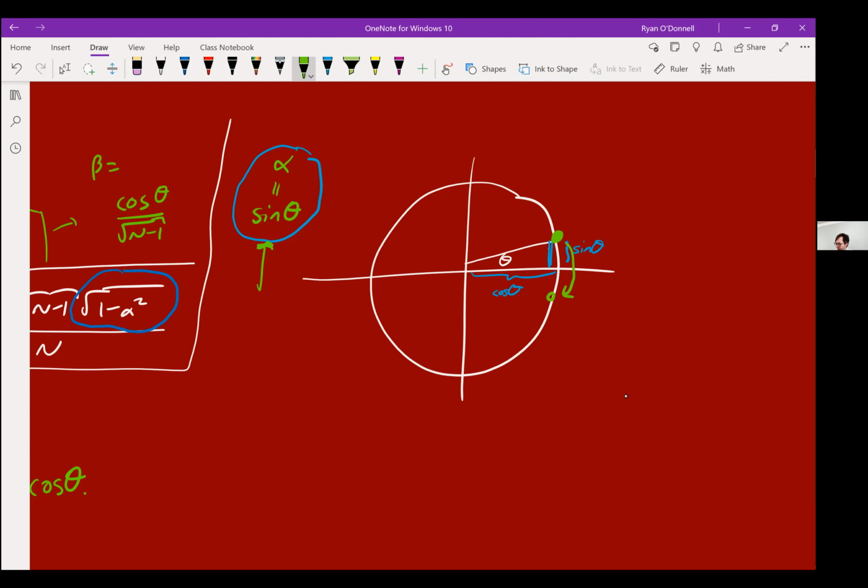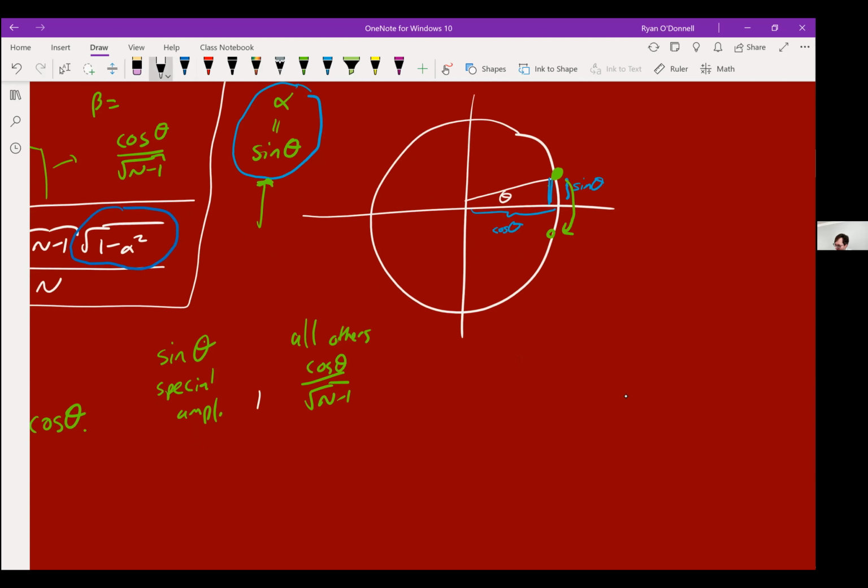And so I guess when you do that, if you're sitting at sine theta as the special amplitude, and all the others are cos theta over root n minus 1, then when you do this reflection through the mean, I guess you'll get to a new theta prime situation where you're holding on to sine theta prime and cosine theta prime over root n minus 1.